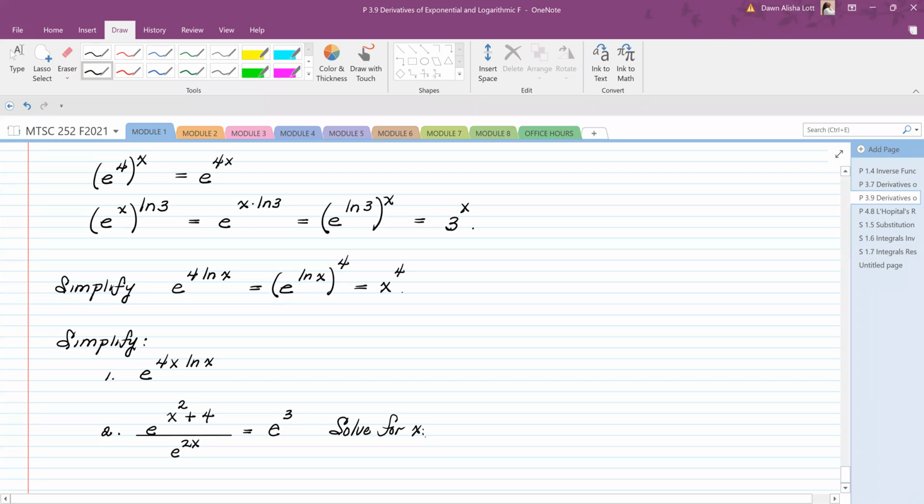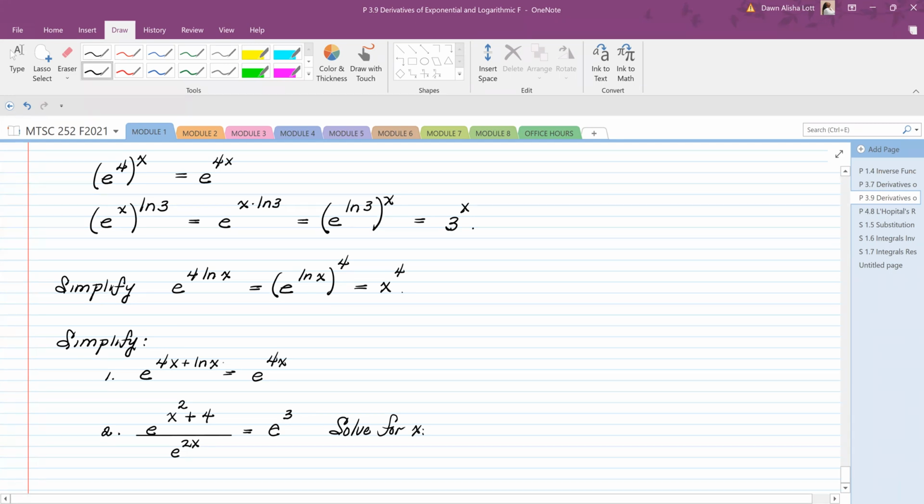Would it be e to the 4x plus... not plus... Oh, wait a minute, you're right. I forgot a plus. You're so right. Thank you very much. I know what my brain was thinking, but I didn't write it. This is supposed to be plus log of x. Okay, now go ahead.